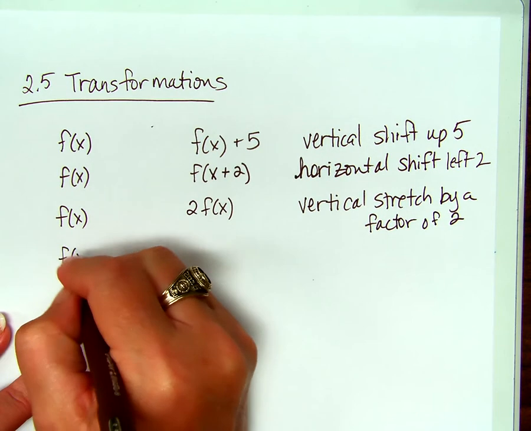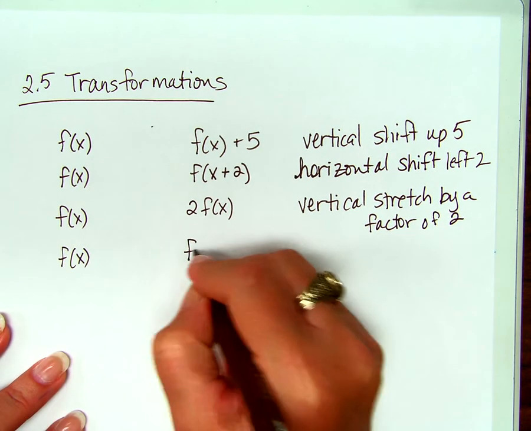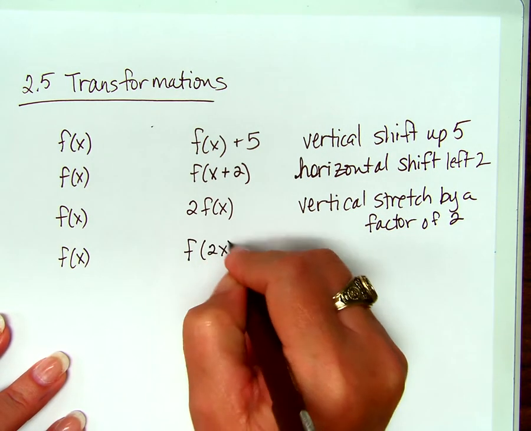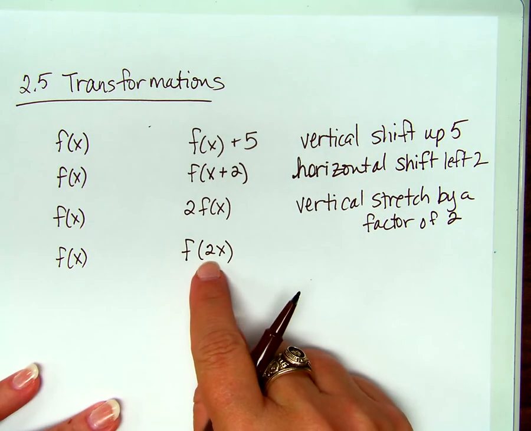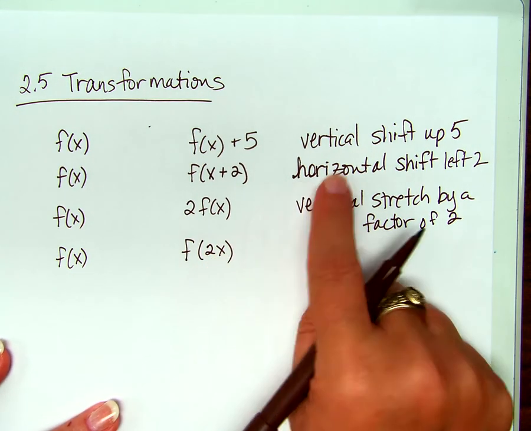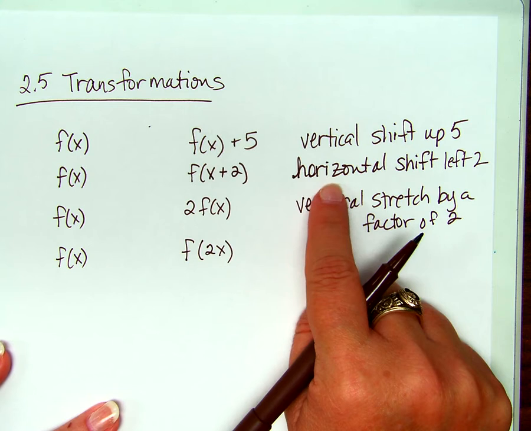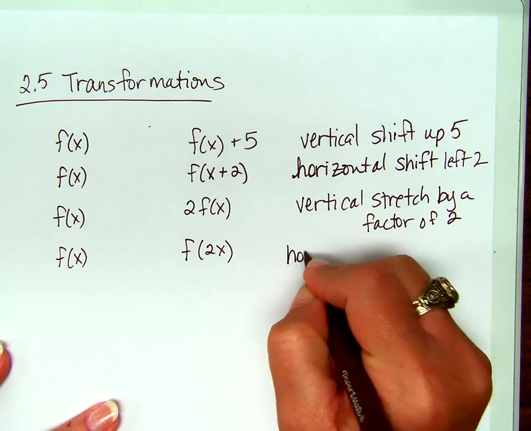Start with f of x and we say f of 2x. Now this is not one that we really talked about too much in Algebra 2. Where is this 2? It's on the inside of the function, so what kind of change is that? That's a horizontal change, right?